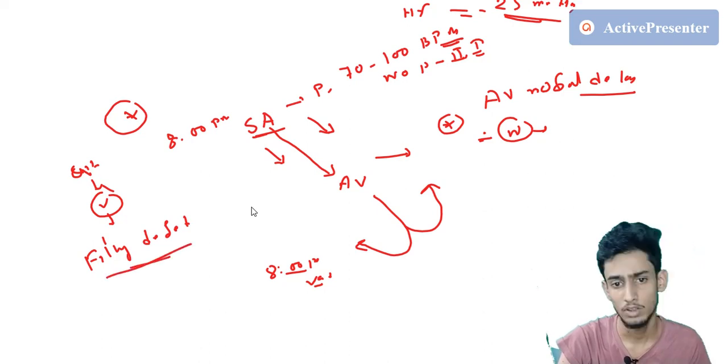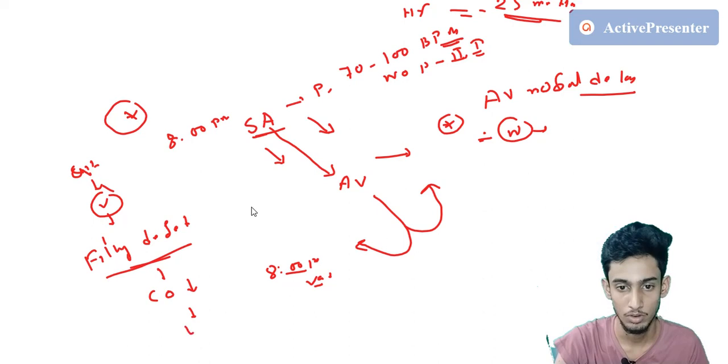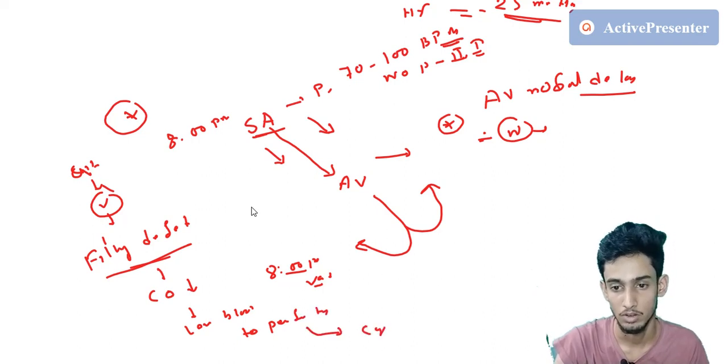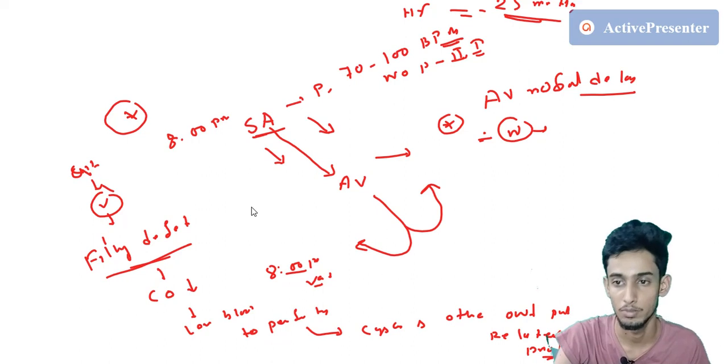If there is a filling defect, cardiac output will decrease, so less blood reaches the peripheral tissue. So what happens: cyanosis and other output-related problems. So AV nodal delay is very important.